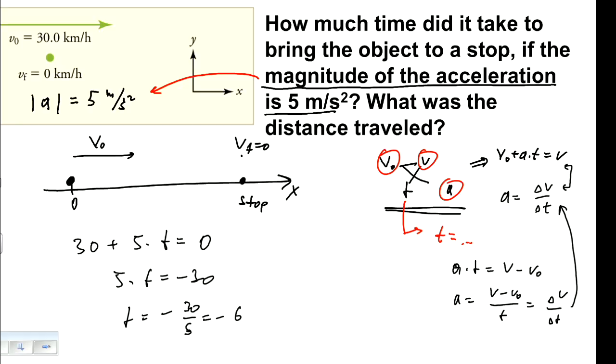You just erase the minus? You cannot erase symbols. I guess I plugged in the acceleration as negative 5. Okay, so that's wrong. Don't do that. That's why you get negative time. And negative time tells you something was wrong.